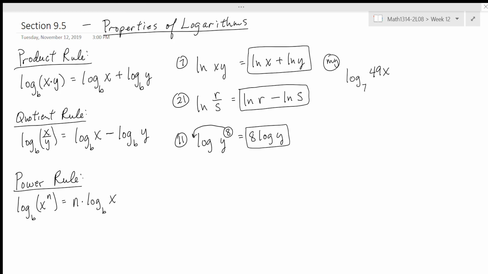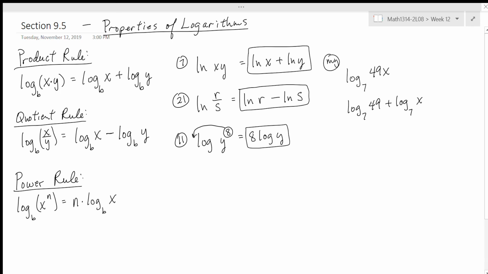Multiplication, right? That's 49 times x, and that's going to be the product rule. So if I separate that, that's going to be log base 7 of 49, and then what sign? Plus log base 7 of x. Do y'all see how that works? The 49 and the x, they got separated, each in their own log cabin. And if you stop there, you get partial credit.